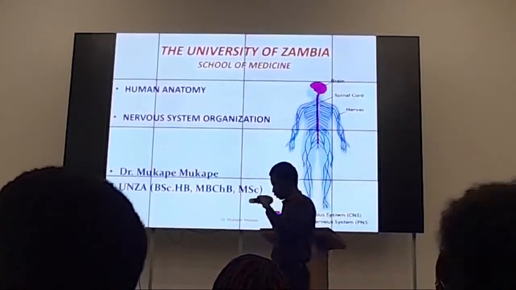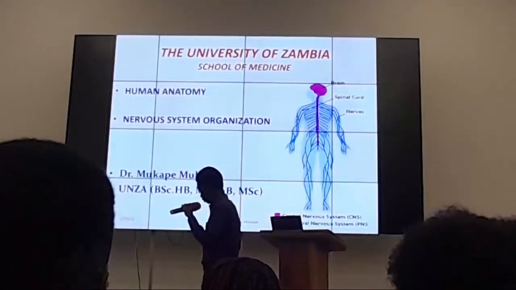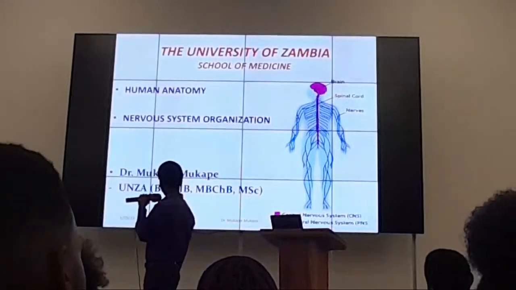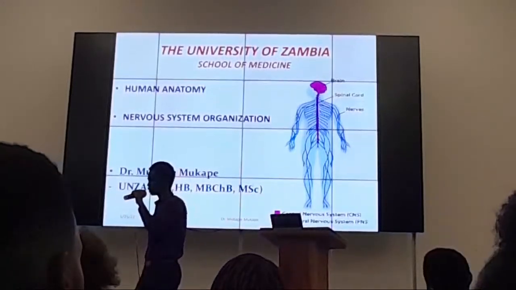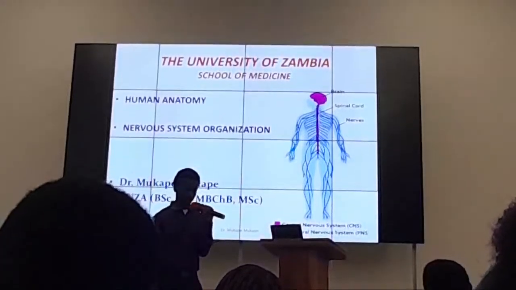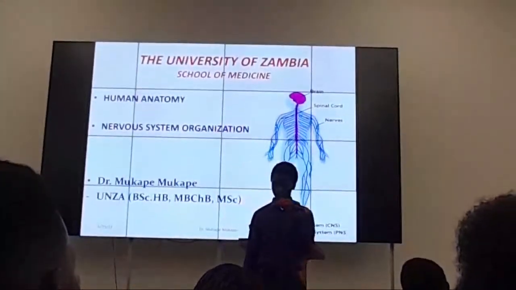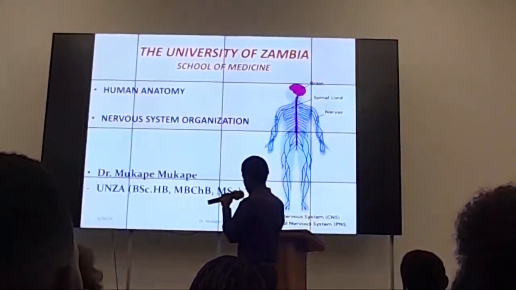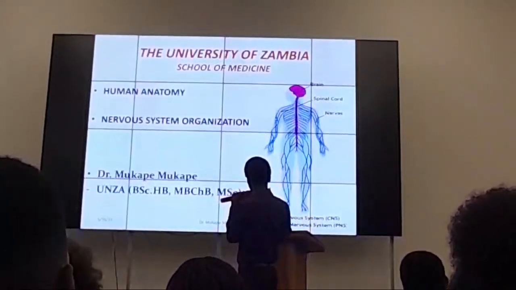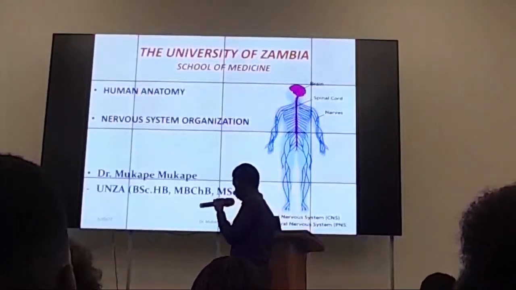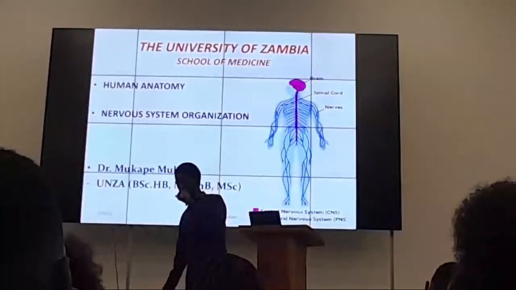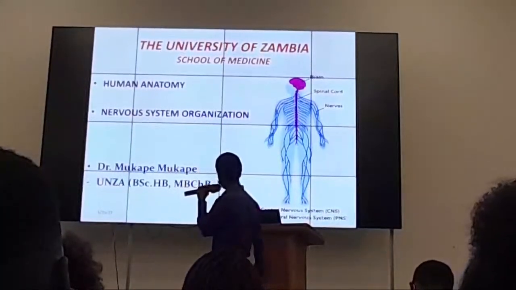Of course, there is a separate system of nerves which authorities have failed to decide whether it's part of the peripheral nervous system or an independent system.